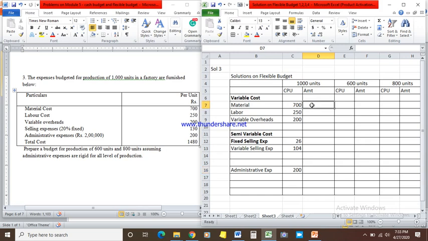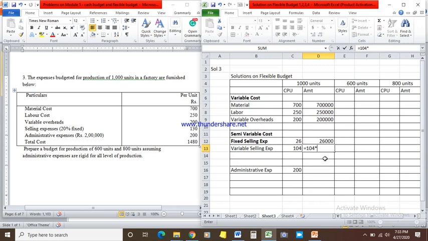Okay, so let's calculate what will be the answers. This 700 is multiplied with 1000 units. Accordingly, labor 250 is multiplied with 1000 units. 200 multiplied with 1000. Fixed selling expenses 26 multiplied with 1000.